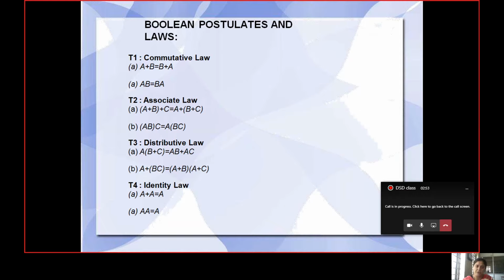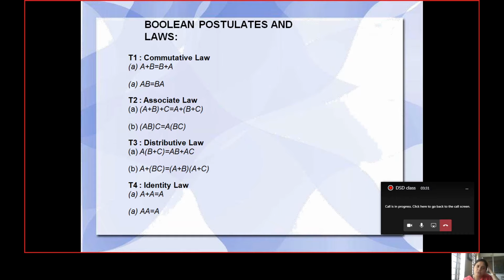In the same way, if you have 3 input variables, 2 raised to 3 means 8 combinations. With 4 variables, 2 raised to 4, you will have 16 combinations. These things you studied in basic electronics will be used here in digital system design.